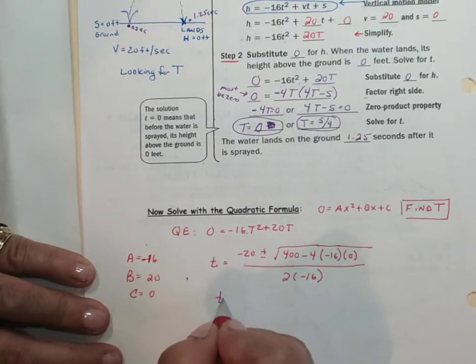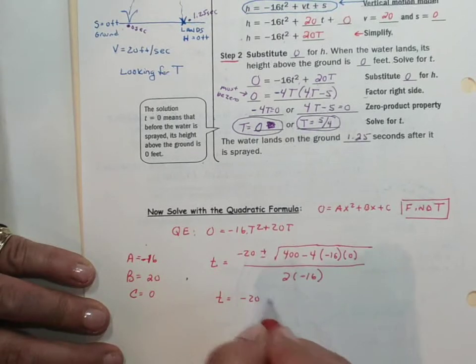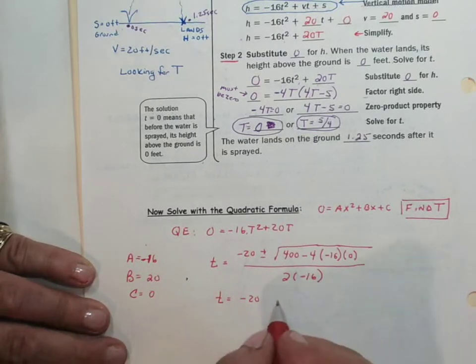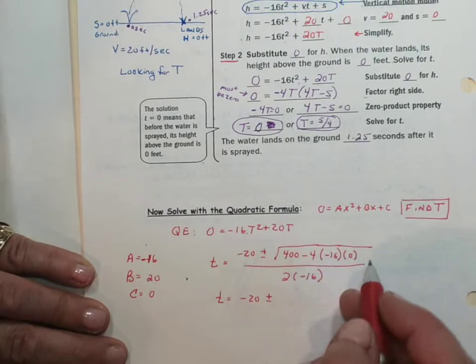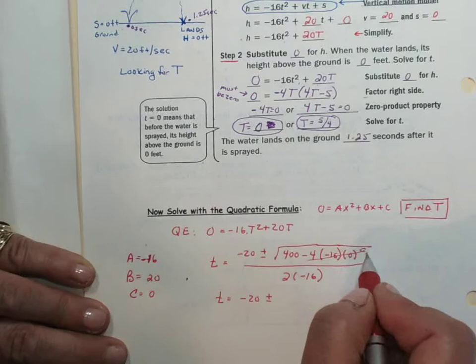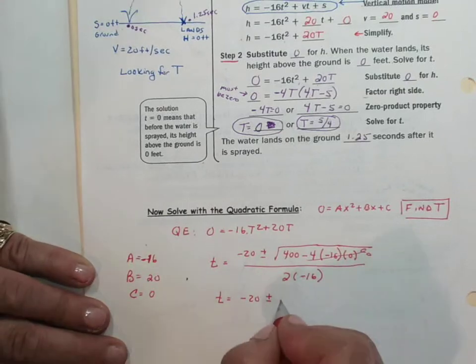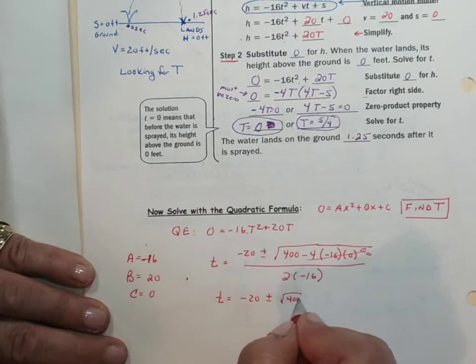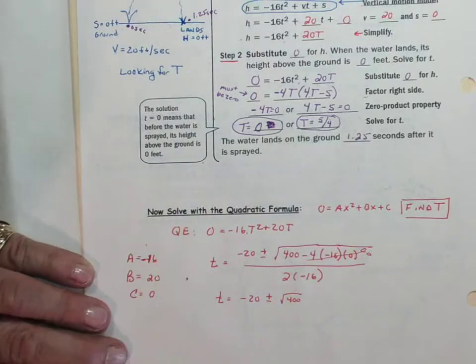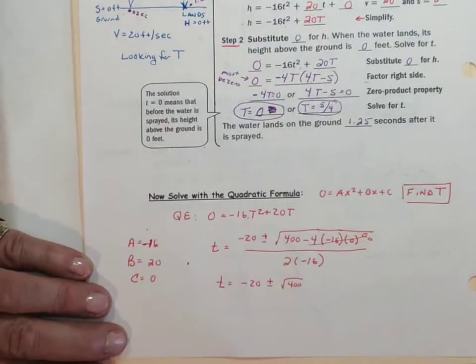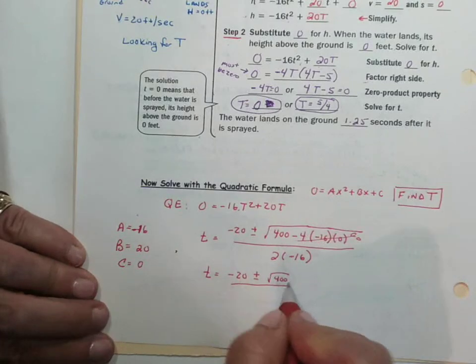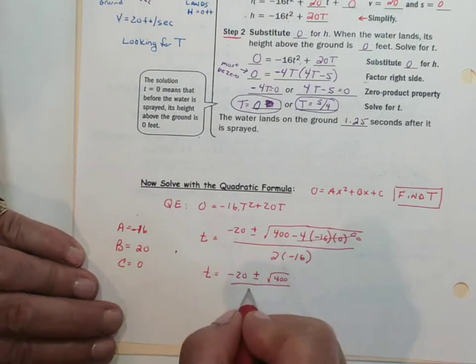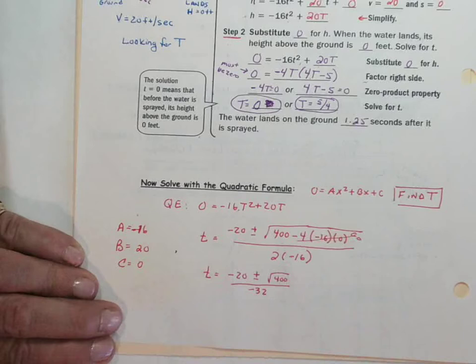So t is equal to negative 20 plus or minus, this is going to be 0, so it's the square root of 400. And don't forget, divided by negative 32.